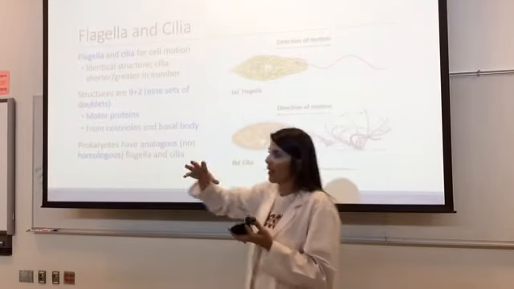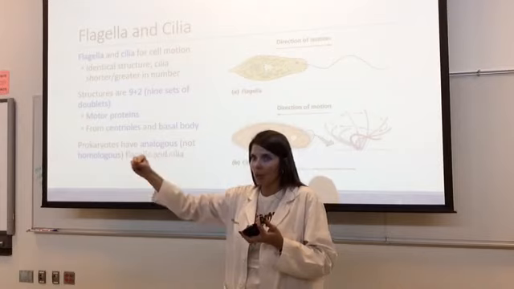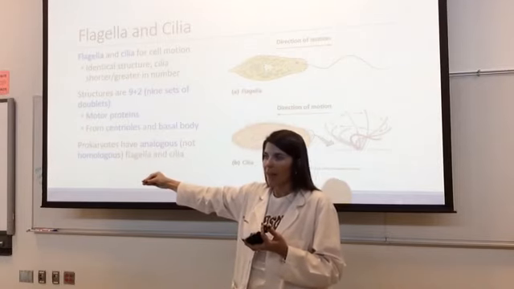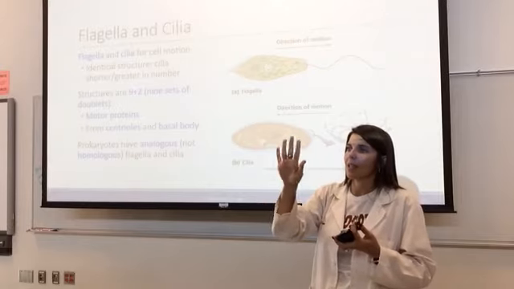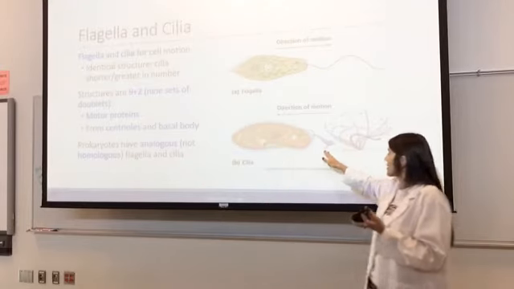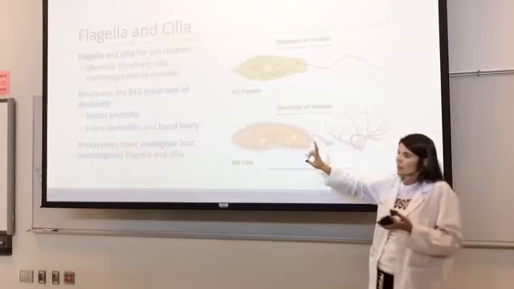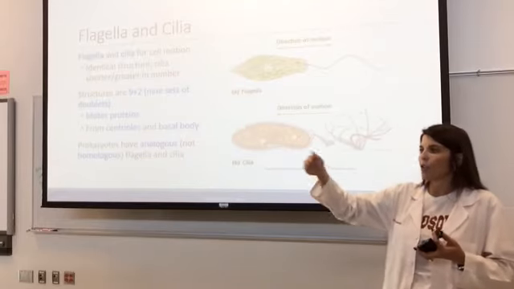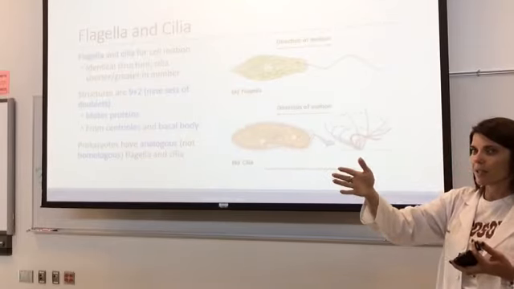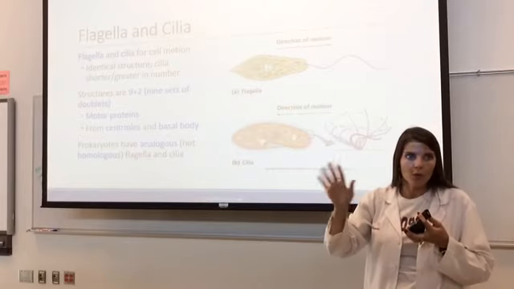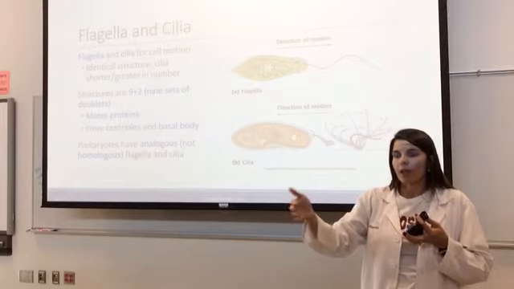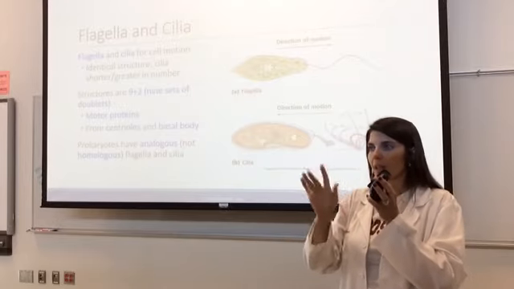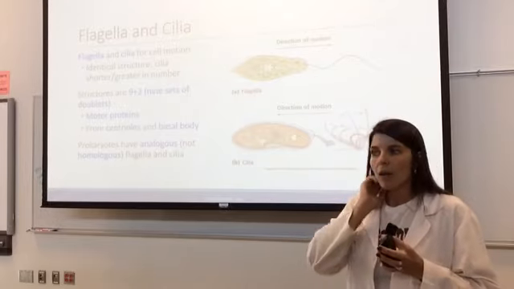So the cytoskeleton will extend into a flagella, if that cell is supposed to have a flagella. Or the cytoskeleton will extend into cilia, if that cell is to have cilia. The difference, flagella allows you to move long distances. Cilia is for local movements, very close movements.